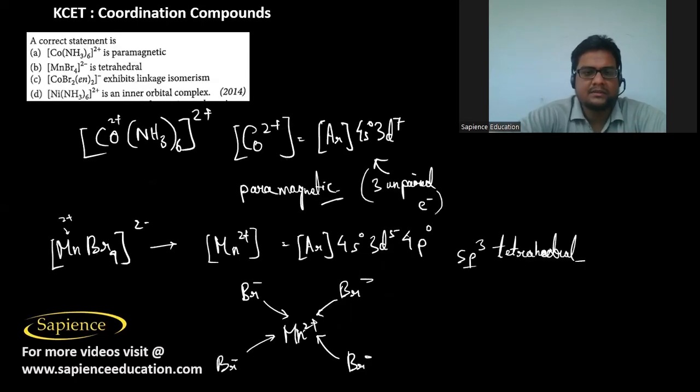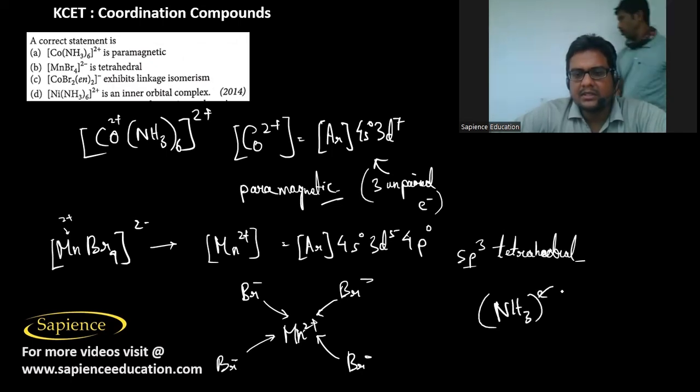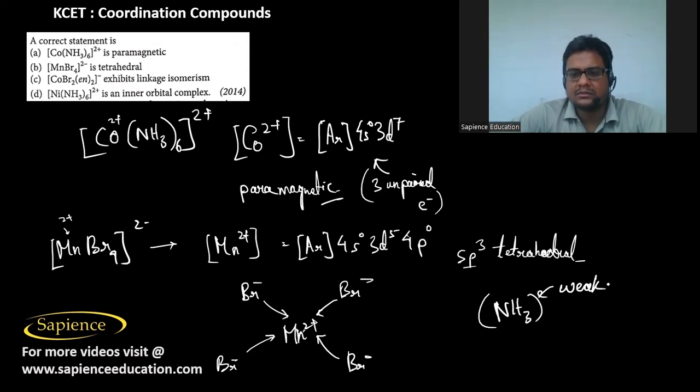Option D is that Ni(NH3)6 2+ is an inner orbital complex. So here NH3, as we know, is not a strong ligand.